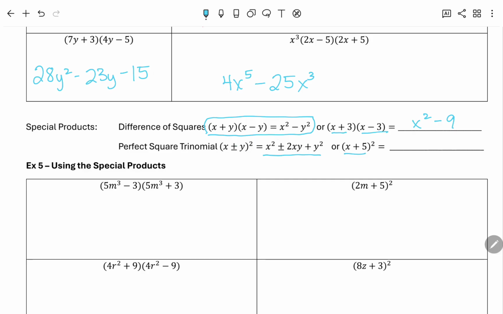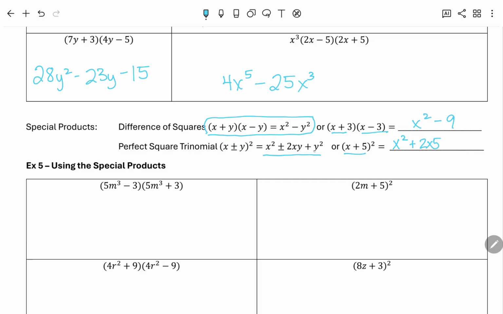Okay, so here in this case, following this pattern, it says you take this value and you square it. So I have an x, I'm going to square it. Then it says your middle term is composed of 2 times x times y, or in our case, 2 times x times 5.